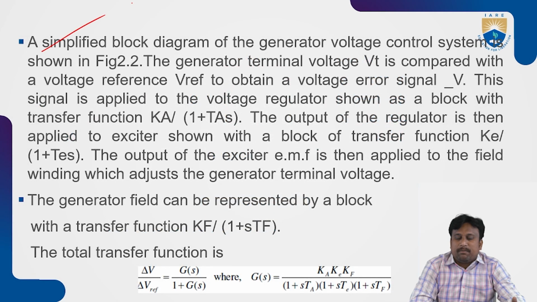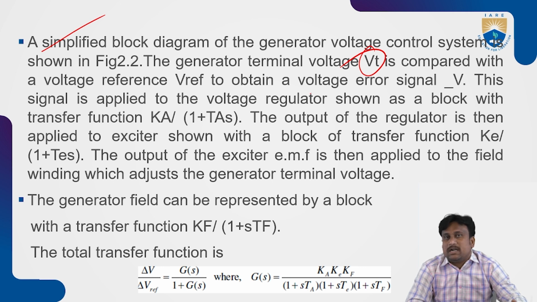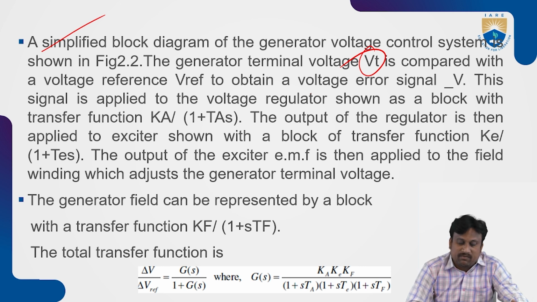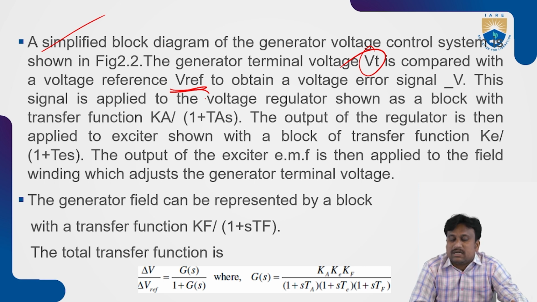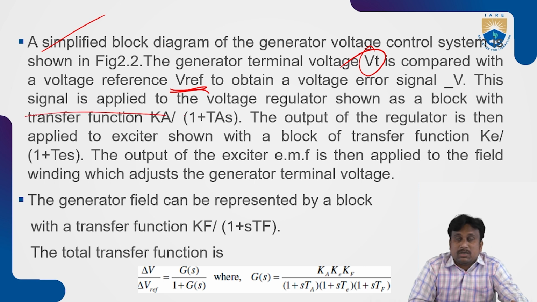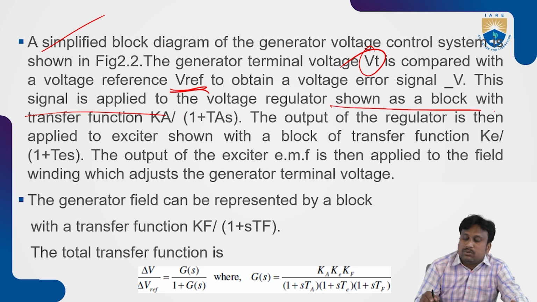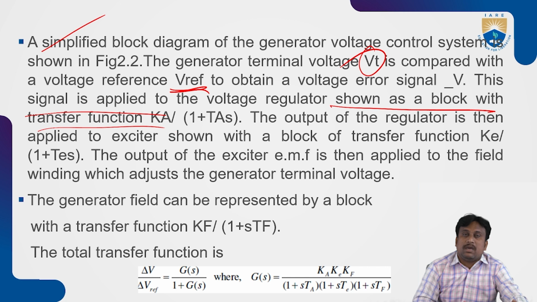In the simplified block diagram of the generator voltage control system that we observed, the generator terminal voltage, shown with the suffix T, is compared with a voltage reference V reference to obtain a voltage error signal, delta V. This signal is applied to the voltage regulator, shown as a block with the transfer function Ka by 1 plus Tas.